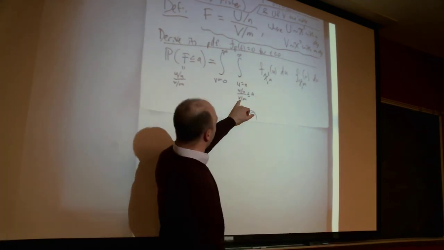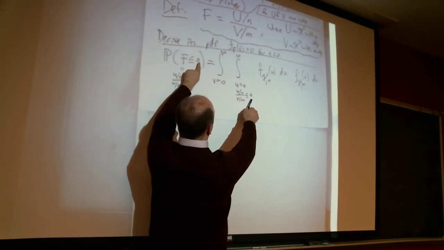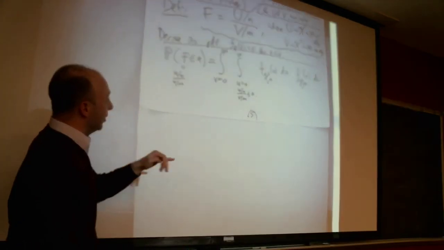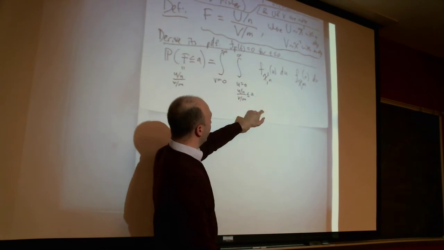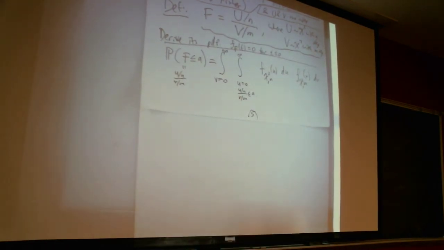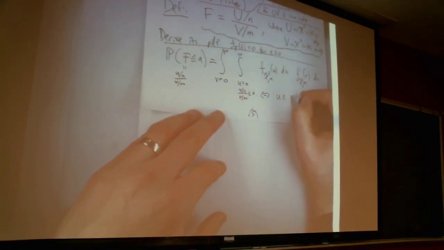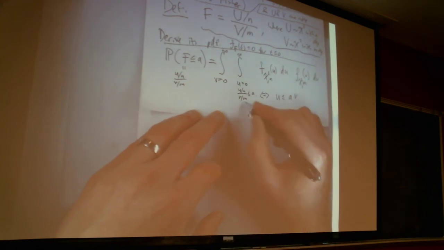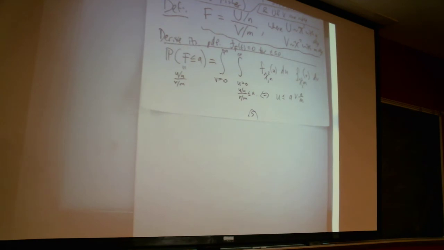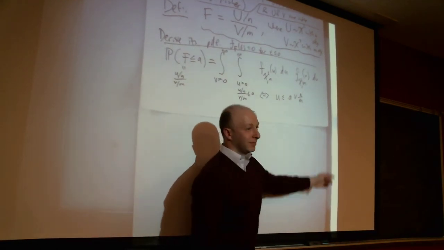So if we're keeping v fixed on the outside, a is the amount that we're integrating up to, n and m are fixed constants, so u is the only variable here. So what does this mean for u? This is true if and only if u is at most a times v over m times n, which I can write as that. In other words, we're not integrating up to infinity, we're integrating up to here.